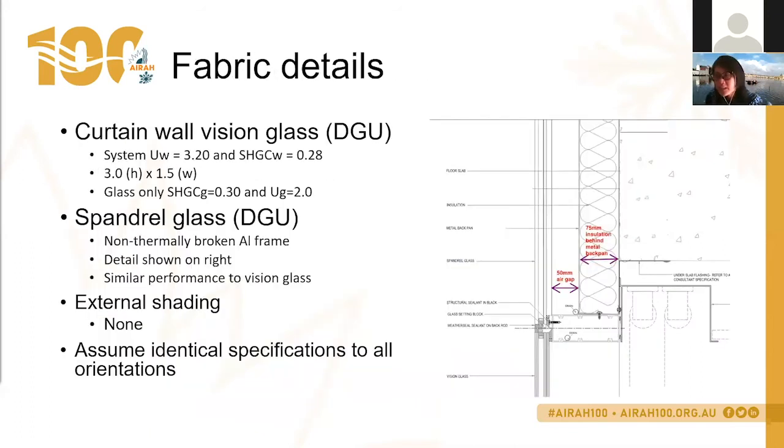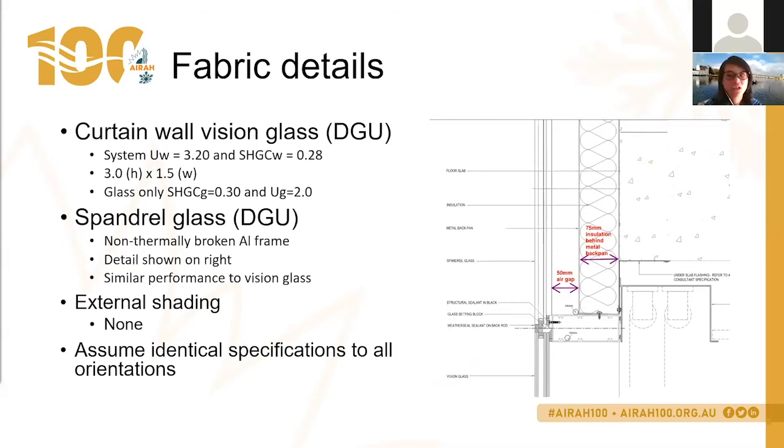So the fabric details here, just a quick run through. We have a curtain wall vision glass component, which is a double glazed unit. System U value is 3.2, solar heat gain coefficient 0.28. It's 3 meters high by 1.5 meters wide.